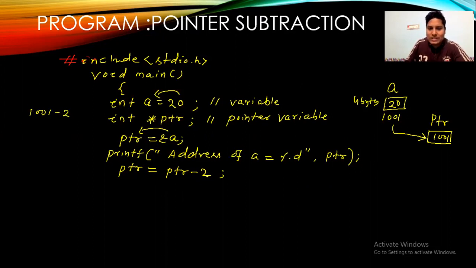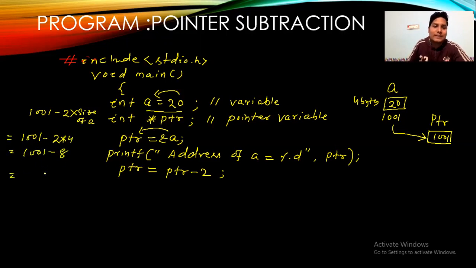minus 2 means 2 into the size of the variable. The size of the variable means size of a. Here size of a is 4. That means I can write 1001 minus 2 * 4, which is 1001 minus 8. So what will be the value of 1001 minus 8? 993.